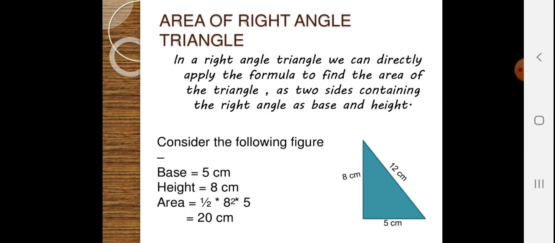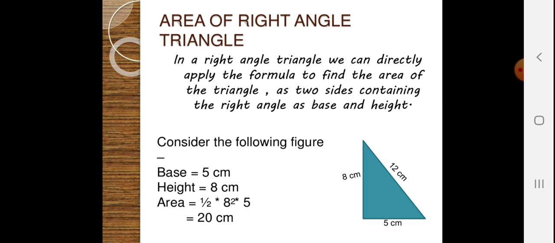Area of a right angle triangle. In a right angle triangle, we can directly apply the formula to find the area, taking the two sides containing the right angle as the base and the height. Here in this figure, you can see a right angle triangle with a base of 5 centimeter and a height, which is the shortest distance from the base to the top, of 8 centimeter.